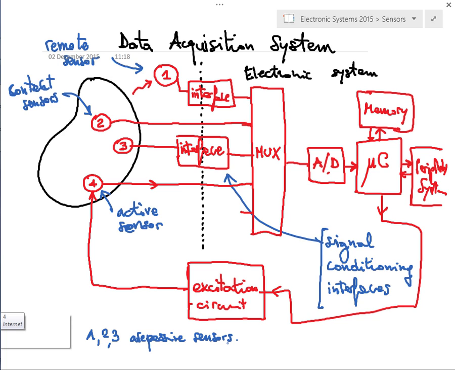For simplicity, for example, a radar system typically is an active sensor. You need to transmit the wave and then to measure the echo. In that case, that would be an active sensor.